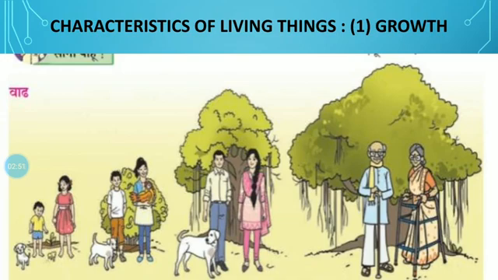Yet, with the help of certain features, we can tell that they are all living things. These features are not seen in non-living things. The features that are present in living things are not present in non-living things.